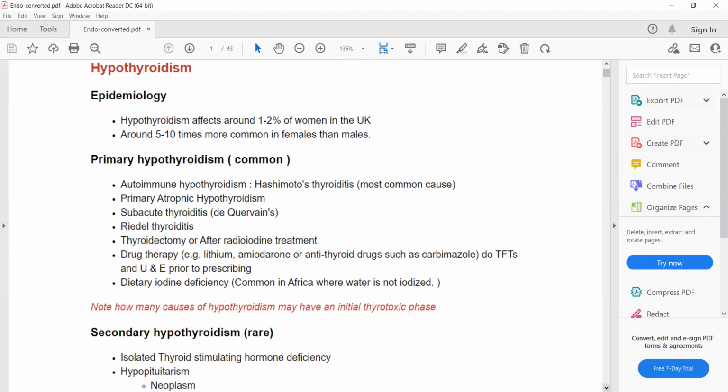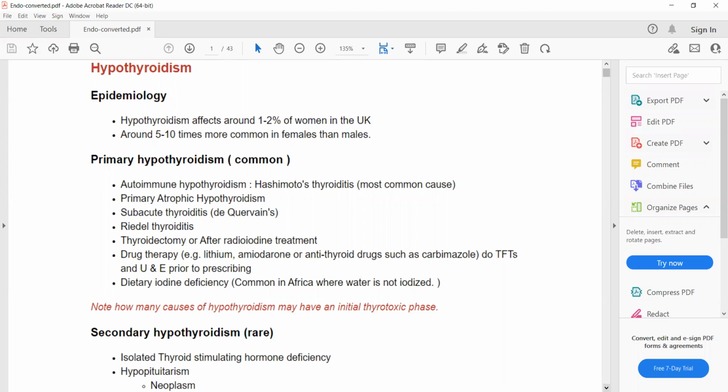The most common cause of hypothyroidism in the UK and in Europe is autoimmune or Hashimoto's thyroiditis.